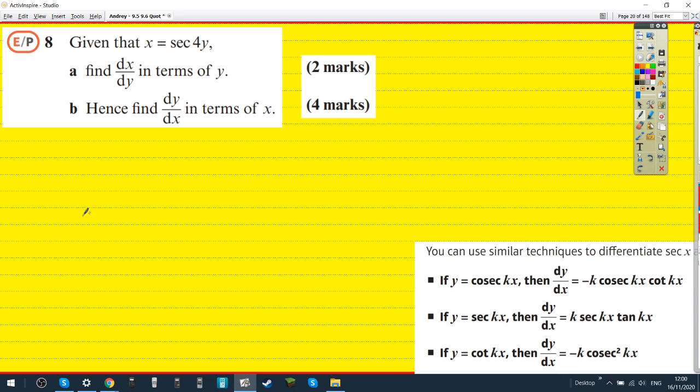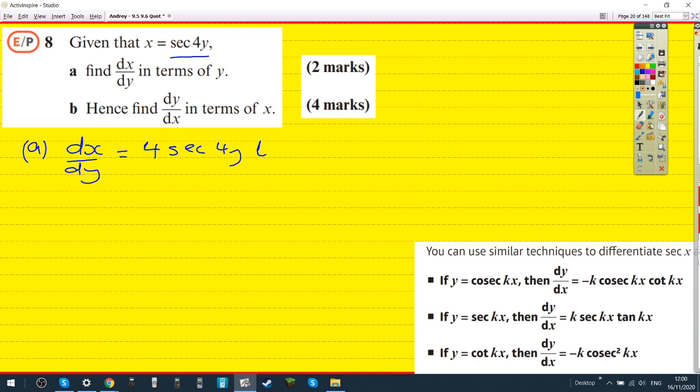So dx/dy in terms of y. Is that just going to be? So I've got cosec there. Will it be minus? This is sec 4y, so that will be just 4 sec 4y tan 4y.